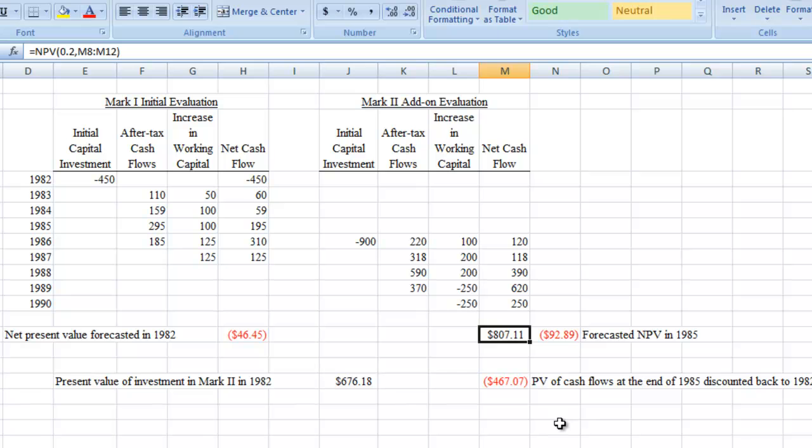Well, cash flows aren't always all that certain. So what happens if it turns out that we get more than this $900 in capital investments? So let's say there's a volatility here of 35%.